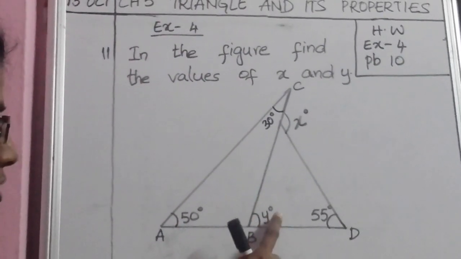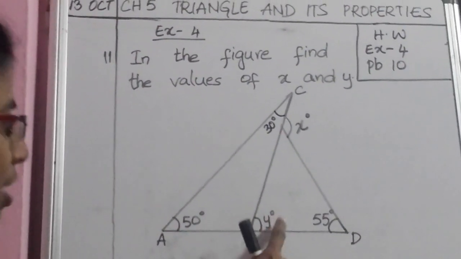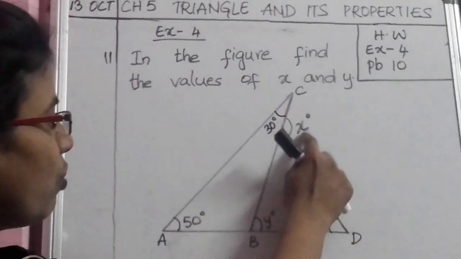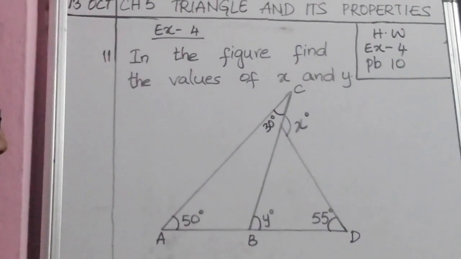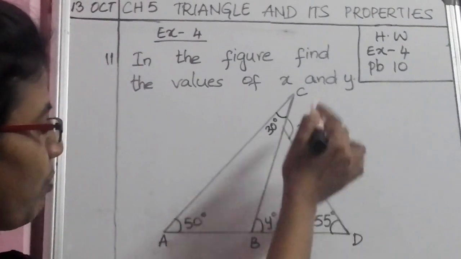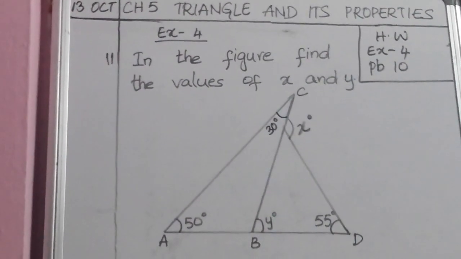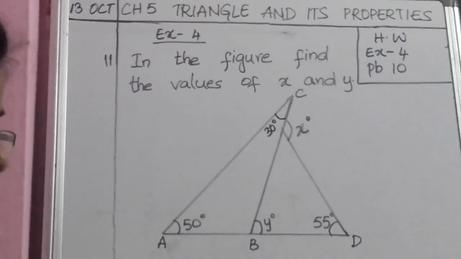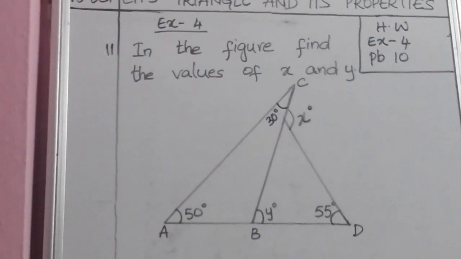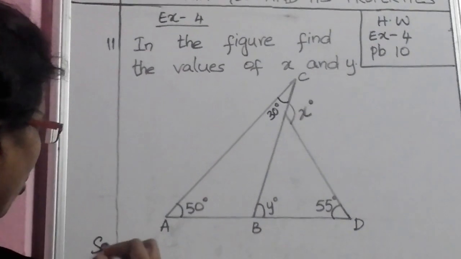Using that we are going to get the value of y. After getting the value of y, we are going to find the value of x. How will you find it? Exterior angle property we are going to use, x is equal to y plus 55. So when we start solving the problem, you will understand in a better way. Now let us solve.